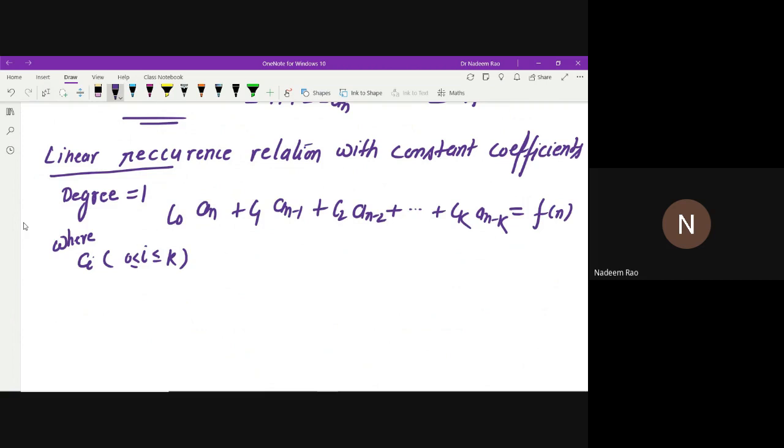This is called a linear recurrence relation.